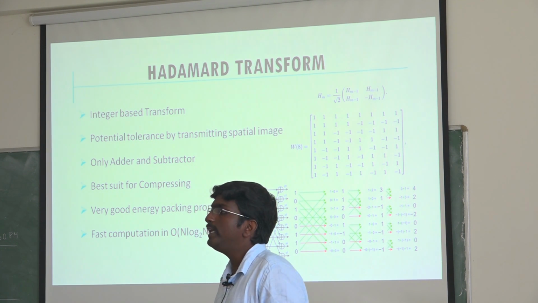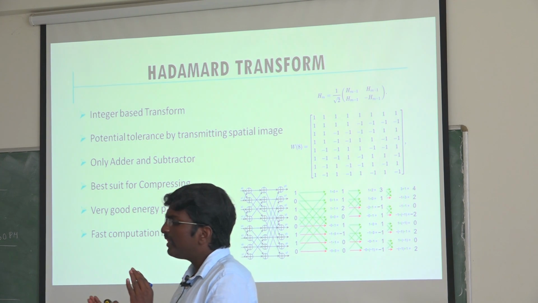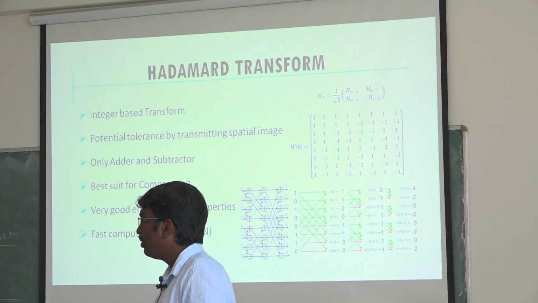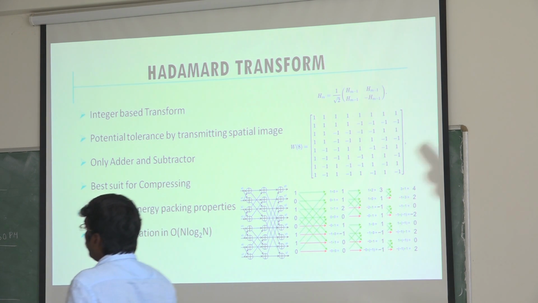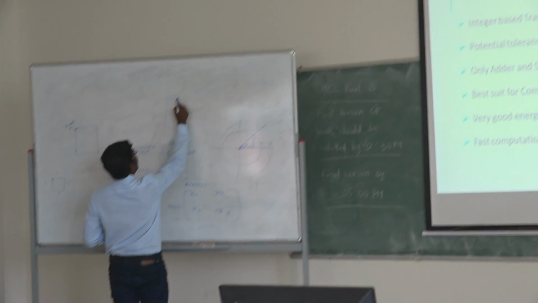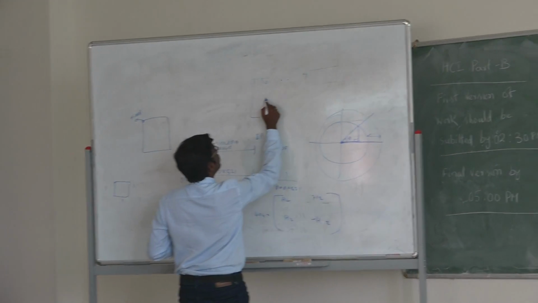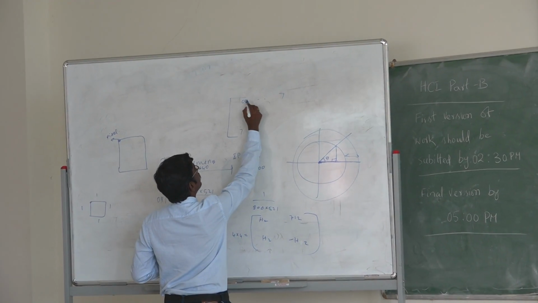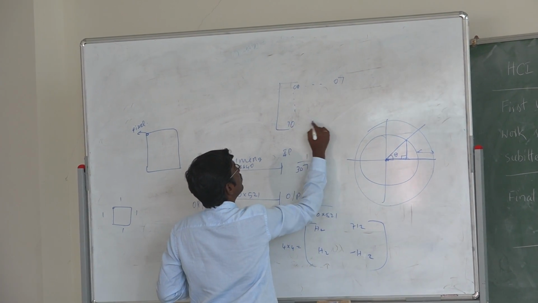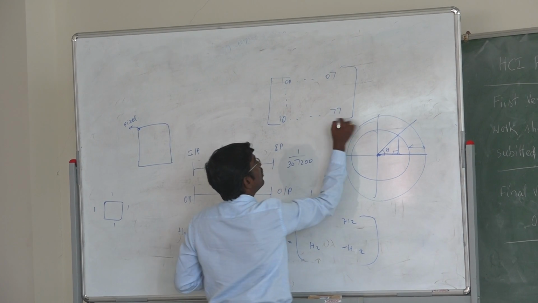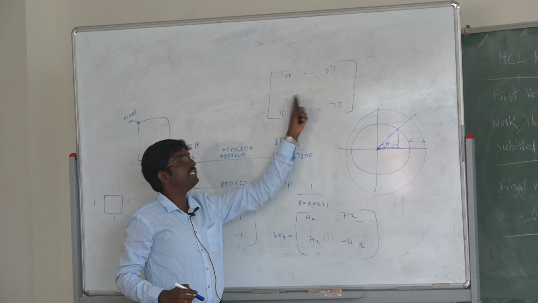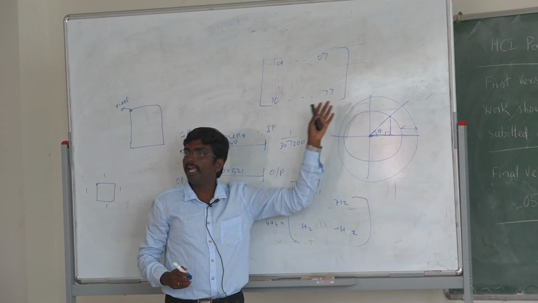So the 2D transform is nothing but converting these 64 pixels or 64 samples into a 2D matrix, with 8 samples per row, indices 0 to 7, 0 to 7. That means 0,0 to 0,7, up to 7,7. So the first 8 samples, then the next 8 samples, like that.